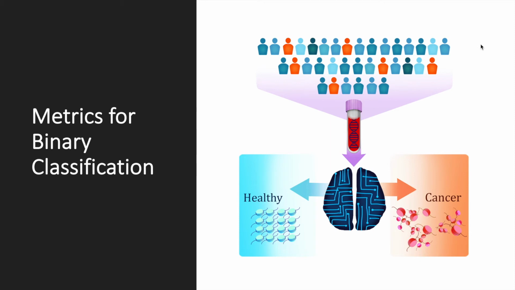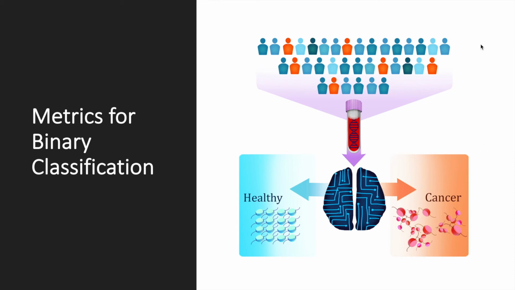In statistics, a false positive is also known as type 1 error and false negative as type 2 error. We will stick to false negative and false positive in this lecture, as they are more explicit and easier to remember. In the cancer diagnosis example, it is clear that we want to avoid false negatives as much as possible, while false positives can be viewed as more of a minor nuisance.